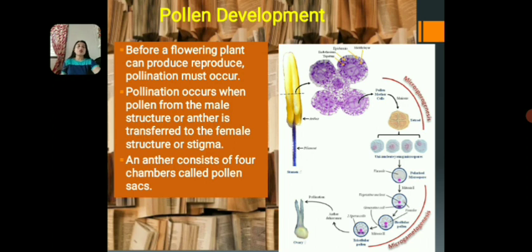When we say spores, they become the gametophyte generation. It grows by mitosis to form pollen grains. Remember that the pollen grain is the male gametophyte in flowering plants and seed plants. An anther consists of four chambers called pollen sacs.